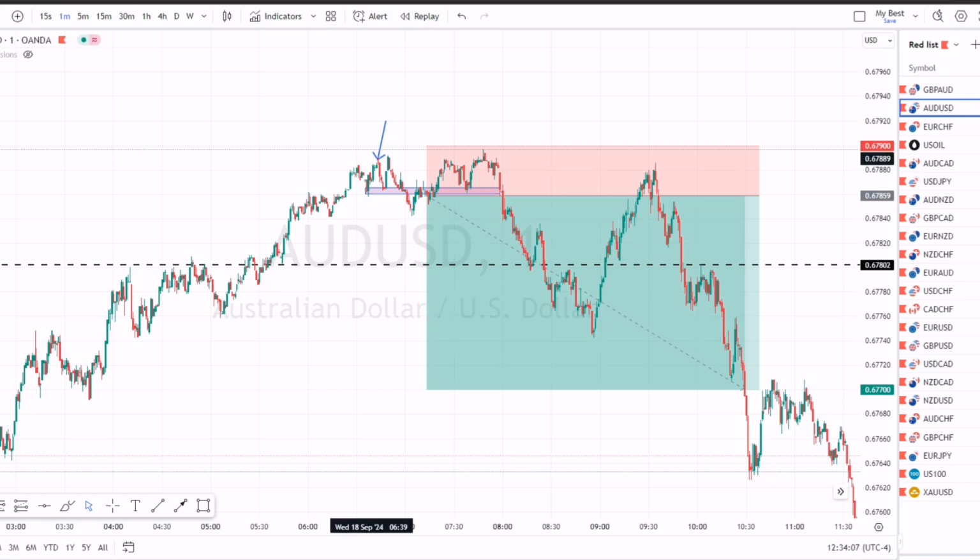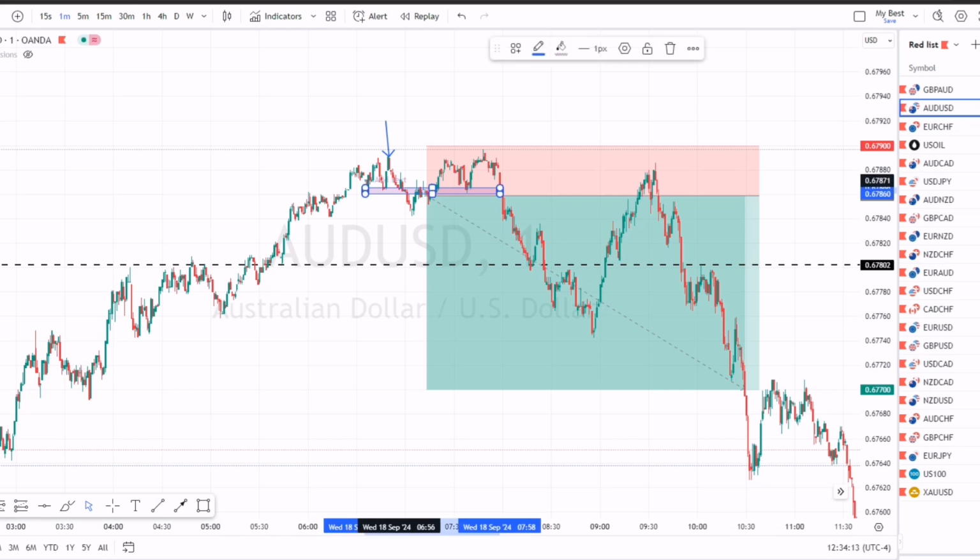I was a bit wrong. I was supposed to look at that. So when that was the highest point, that highest point had started there, okay? So I had to mark that as a key level.